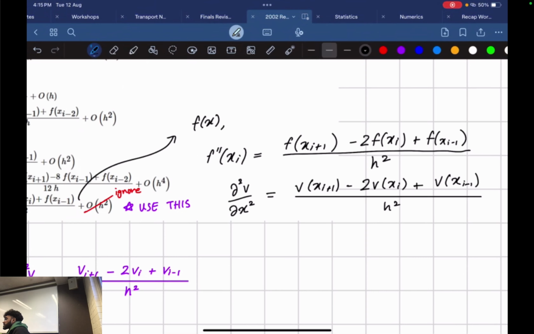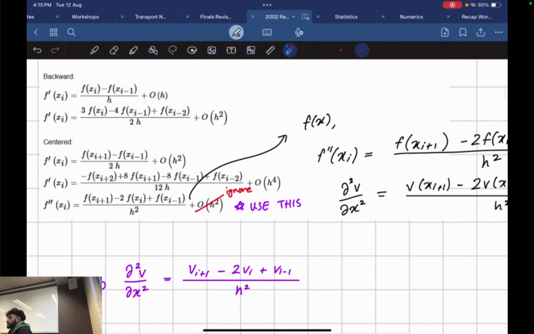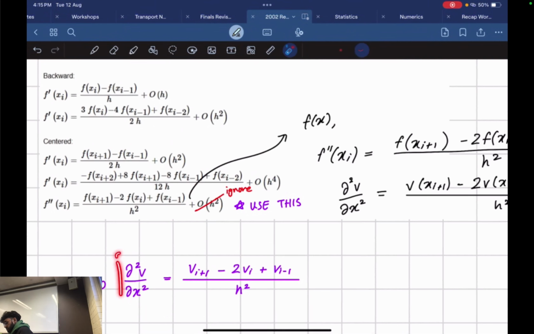Or you can simply write it like this over here. I haven't done anything too crazy just yet. I've just rewritten the equation to make it look much nicer for us to answer the question. Does that make sense? Okay, cool.